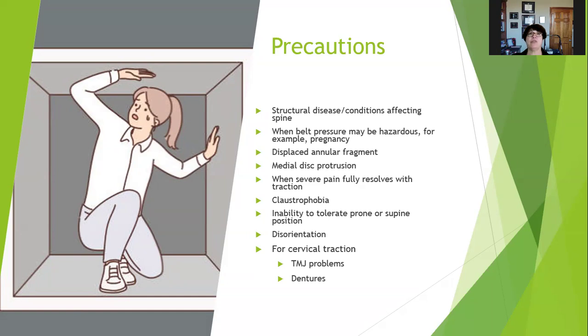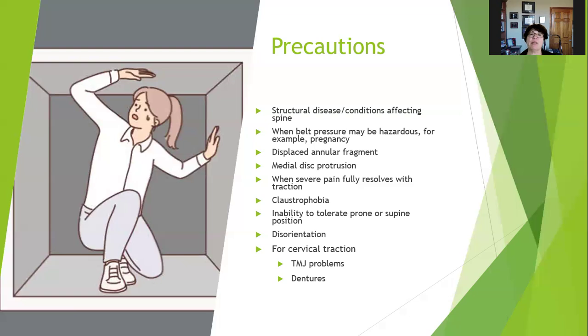A displaced annular fragment, because we don't know where it's going to go when we do traction. Medial disc protrusion is a lot of times not helped with traction, and it's one of the less common things. When severe pain fully resolves with traction, that's a kind of a red flag. We're like, something's going on. And we probably want to be careful with that.